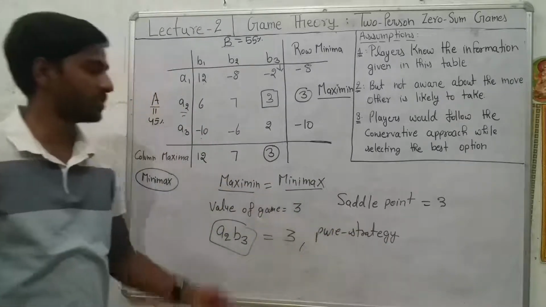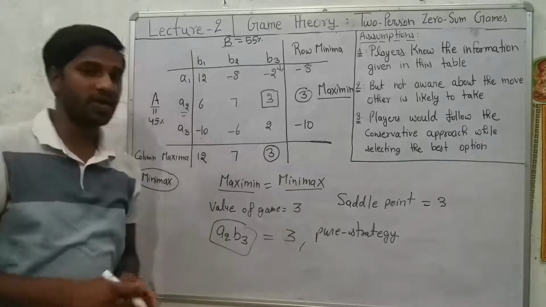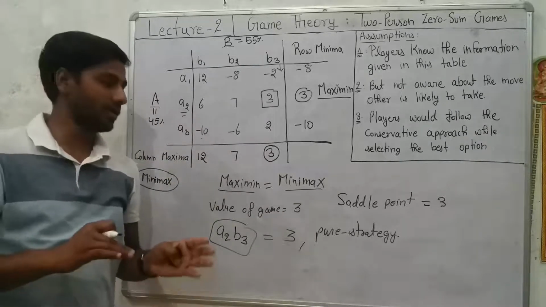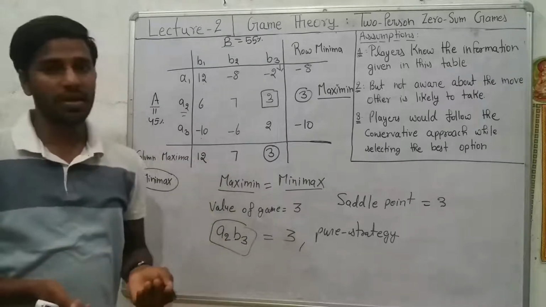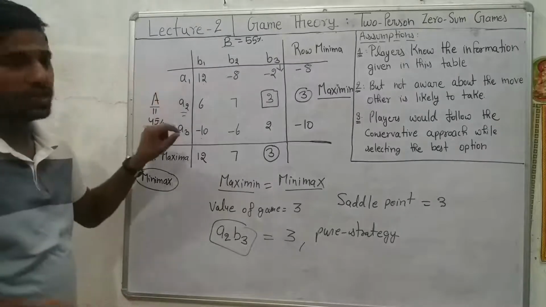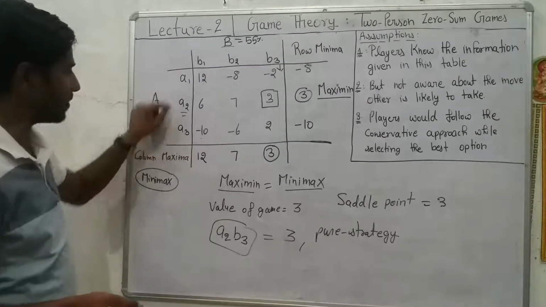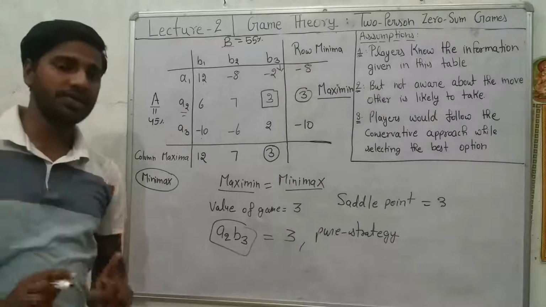What is the meaning of pure strategy? That we are going to select only one strategy. We are not going to select different strategies in different proportion or combination. We are not going to select a combination of A1, A2, or a combination of A1, A3, or A2, A3. We are selecting exactly one strategy.